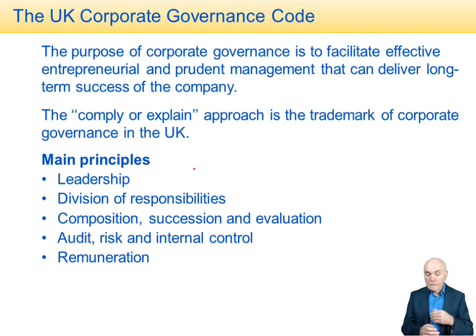The only companies to which any pressure can really be brought are listed companies listed on the stock exchange, because the stock exchange expects these companies to comply with these provisions in the Corporate Governance Code, or if they don't, have a very good explanation why they're departing from them. And the ultimate sanction of the stock exchange would be to suspend the listing of the company's shares so they could be no longer traded.